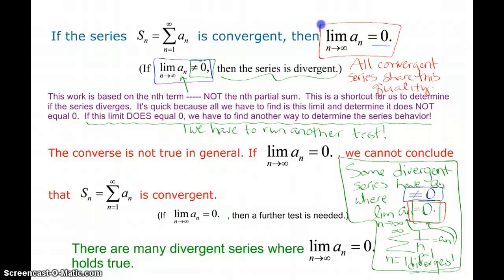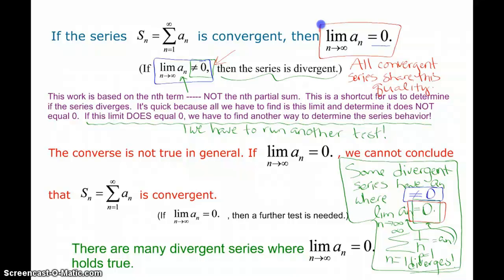But there's a whole other set of series out there that won't fail. Because all convergent series equal 0, and only some divergent series equal 0 in this limit, we're after the subset of divergent series where this limit doesn't equal 0.